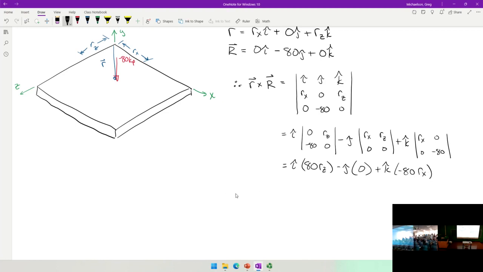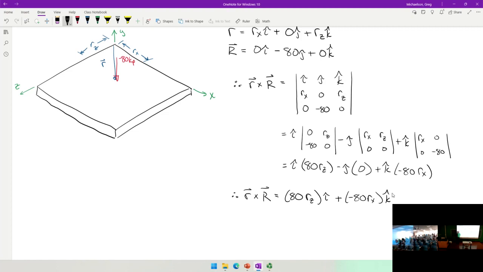So therefore, R cross F is 80 Rz i minus, or, let's just do plus negative 80 Rx k. So wherever I place that load on this foundation mat, that's going to be the moment it generates.